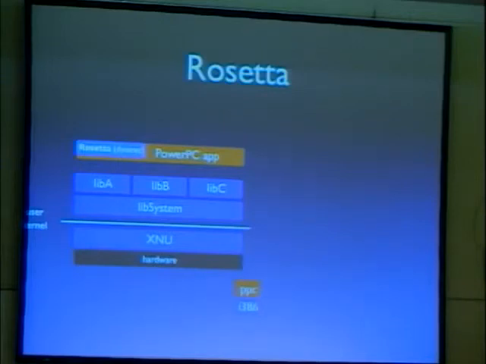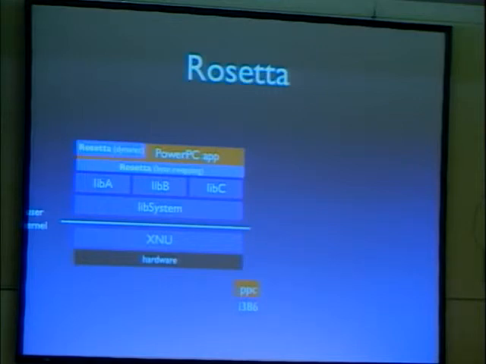And on top of that, there are several libraries. Rosetta could use all the native i386 versions of these libraries, sit in the address space of the PowerPC application, and translate all its instructions on the fly, and interface the application to the library.